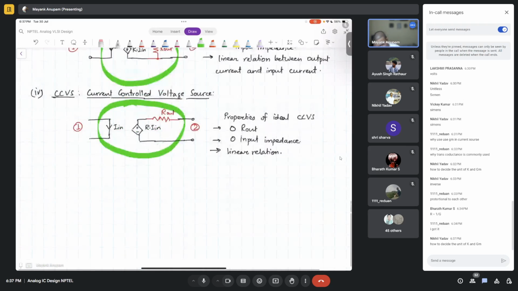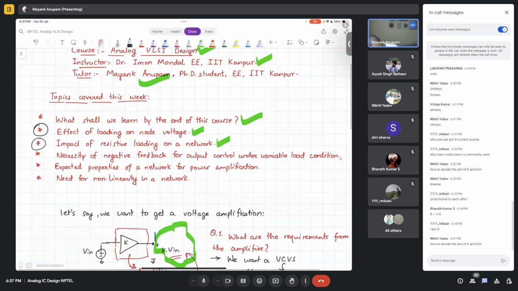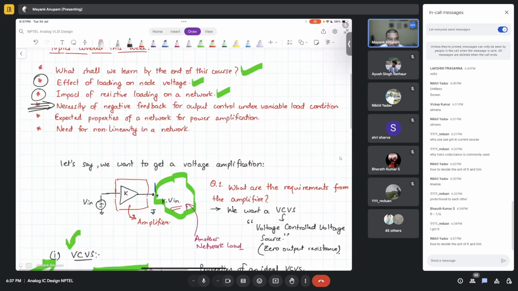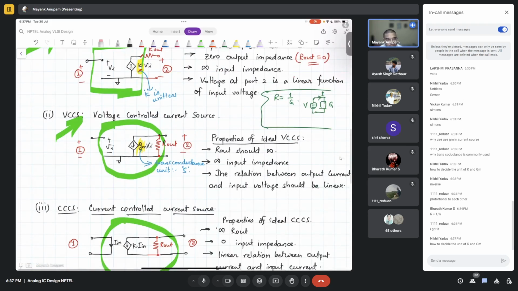Let's talk about this one: necessity of negative feedback for output control under variable load conditions. Did you all understand this properly? Could you appreciate the importance of negative feedback when you have varying output load conditions?